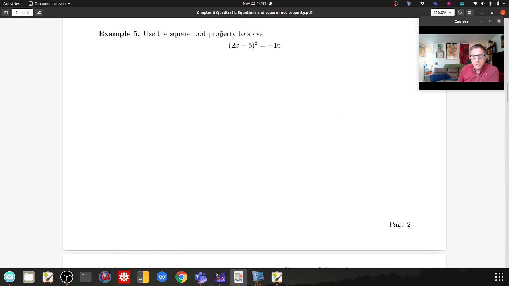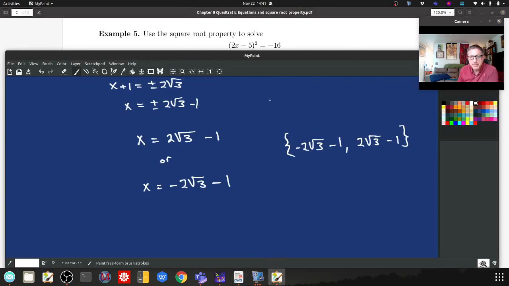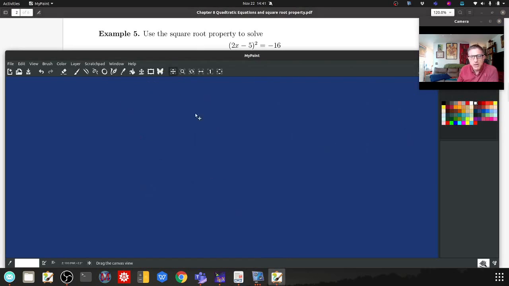So here we're going to use, again, the same procedure, but I'm going to extend this property. We're not going to make any substitutions. We're just going to learn from what we just observed. And we have 2x minus 5 squared is equal to minus 16.